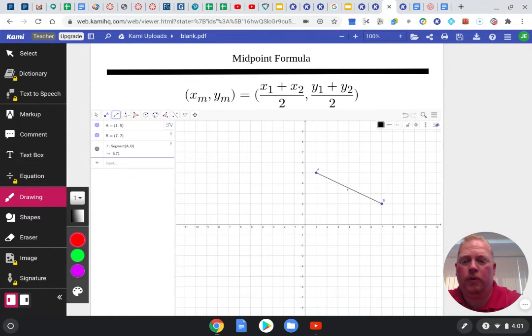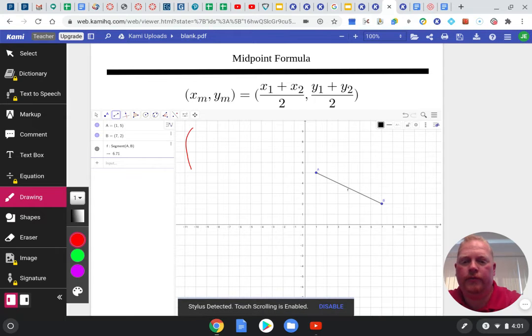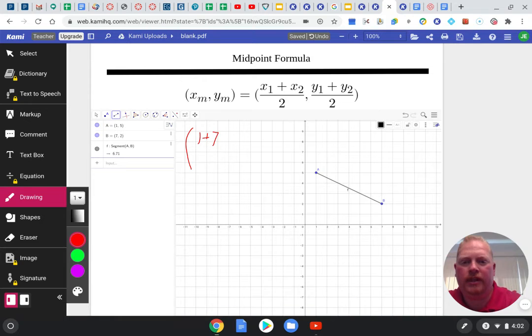So if I take a look at what we're doing over here, my x-coordinates are 1 and 7. So add 1 and 7 and divide by 2. My y-coordinates are 5 and 2. So add them up and divide by 2. My x-coordinates, 1 plus 7 is 8. 8 divided by 2 is 4. 5 plus 2 is 7. 7 divided by 2 is 3.5.